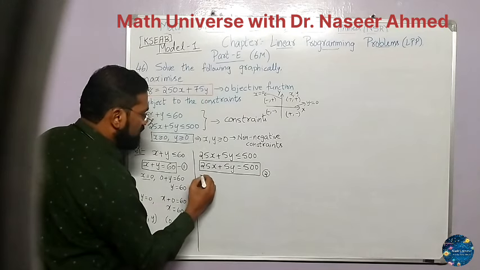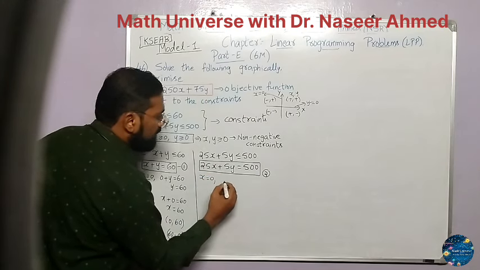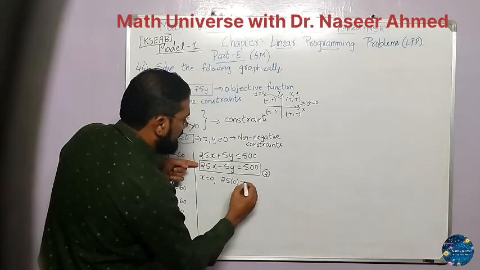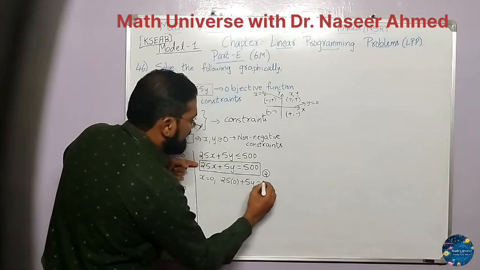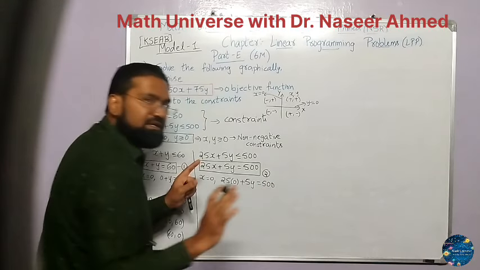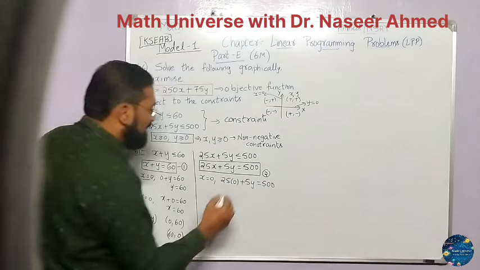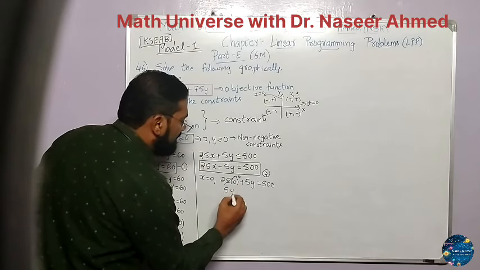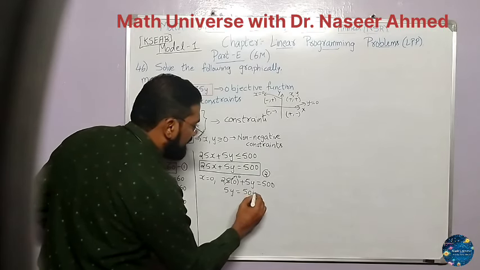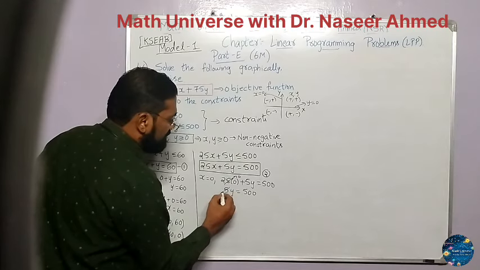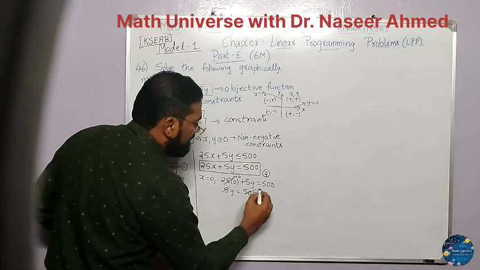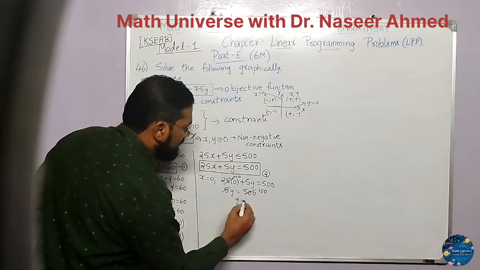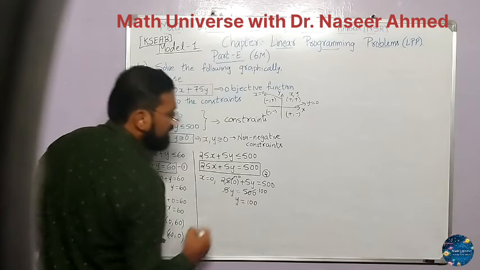Now when x is equal to 0, in equation number 2 we will get 25 times 0 plus 5y is equal to 500. I hope things are very clear. Now 25 into 0 will be 0. Then the remaining is 5y is equal to 500. Now divide by 5. So 5 ones are 5, and 5 hundreds are 500. So y is equal to 100.